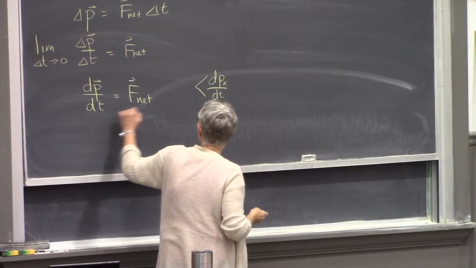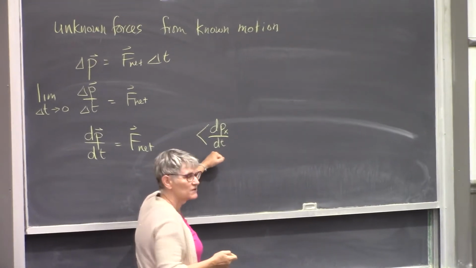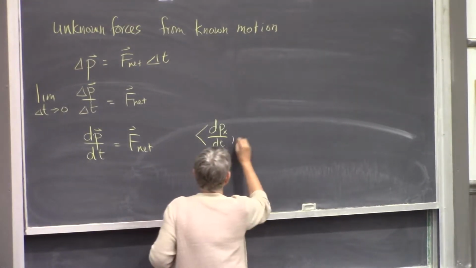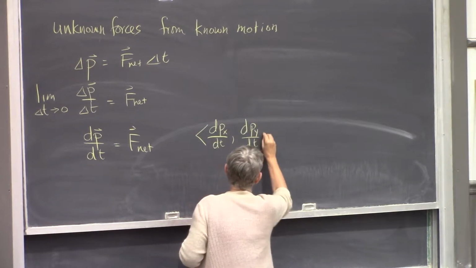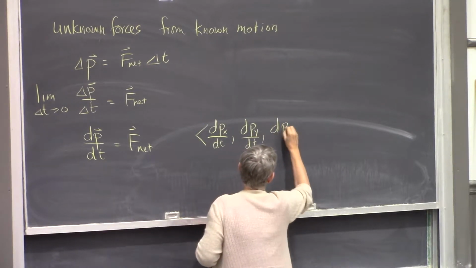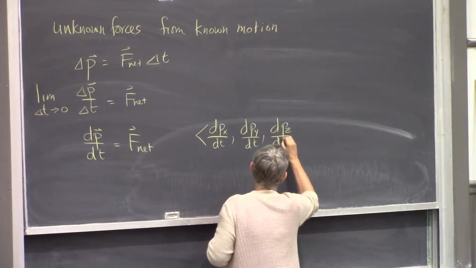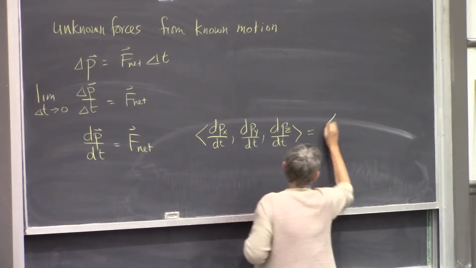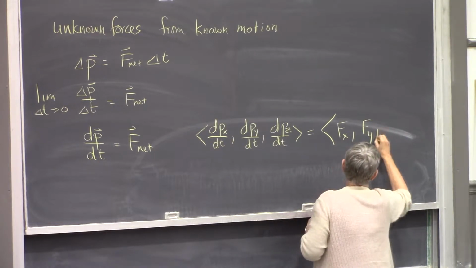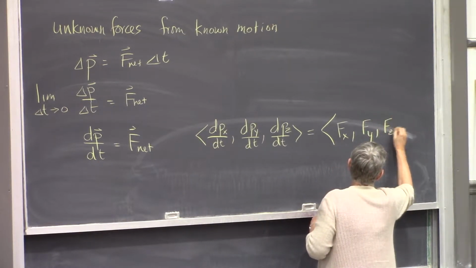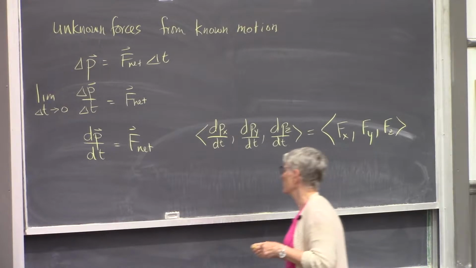the x component of this vector is just dpx dt. The y component is dpy dt. The z component is dpz dt. And that's equal to the vector that's the x component of the force, the y component of the force, and the z component of the force.